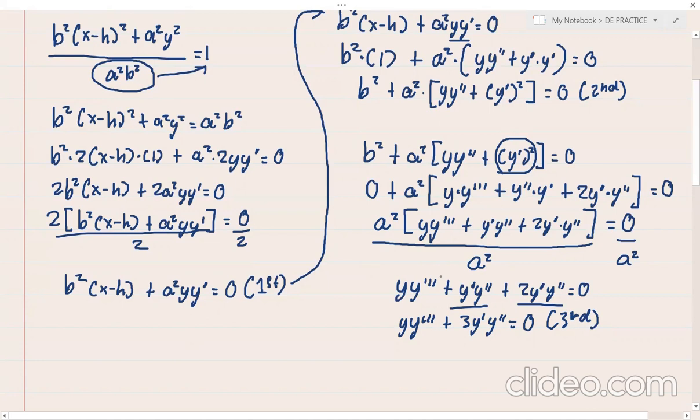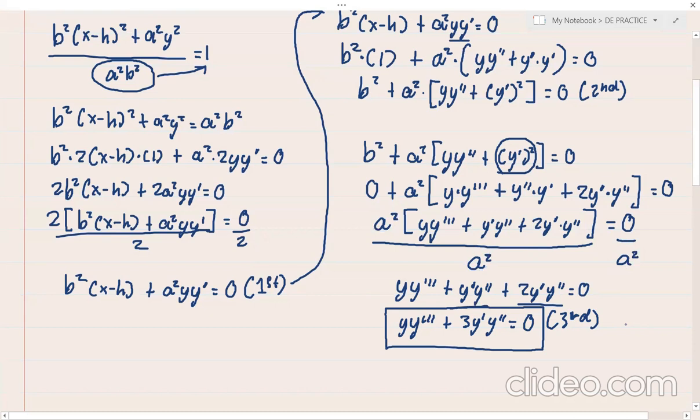We have what? Ito, di ba? Ito na yung result. Then we found out that the last term, so inadd natin silang dalawa. So therefore, ito na yung third derivative natin. So as you can see, natanggal natin si arbitrary constant. So what does that mean?